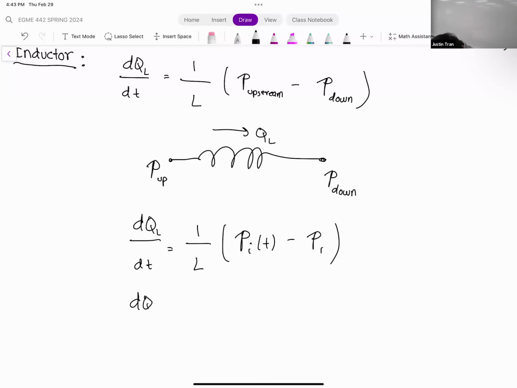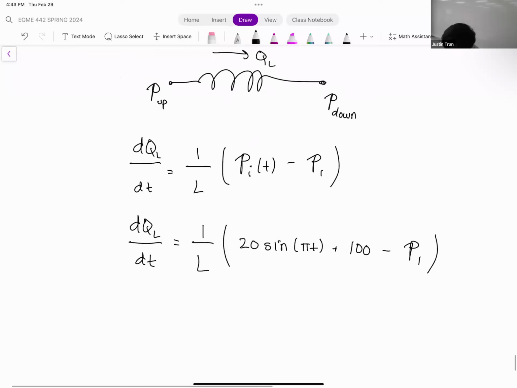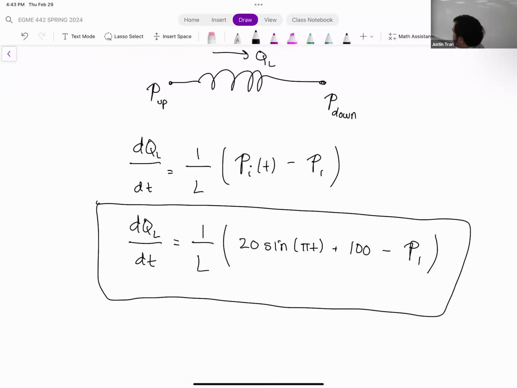We plug in for Pi of t, this is 20 sine pi t plus 100 minus P1. All right, so that's the first equation that we have for this circuit.